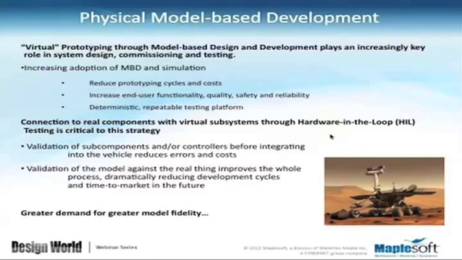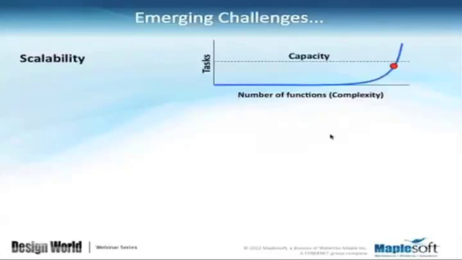So this greater demand for virtual prototyping has also meant a greater demand for model fidelity, to add further details into your real-time models. This has raised a few challenges that we think we are addressing in the tools that we provide. The first one is just scalability. As people are adding more and more complexity into their models, the actual computation platforms are becoming quite restricted.